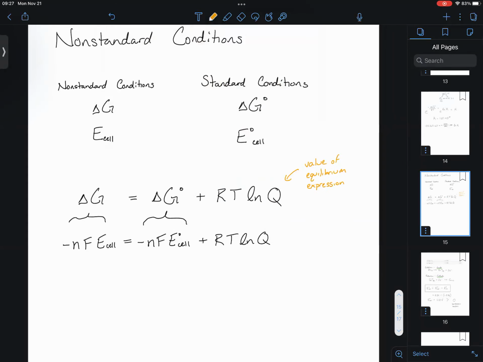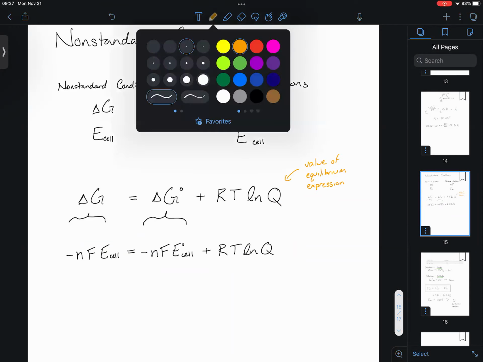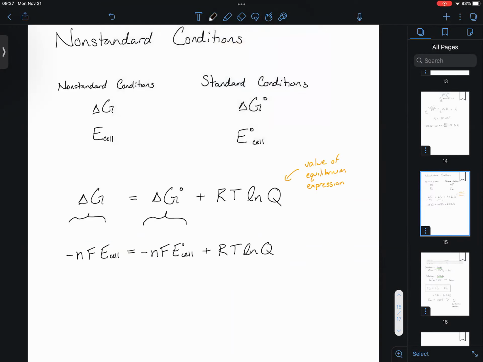Okay, so basically now what we have, just subbing in what we just learned previously, is this new equation here. All right, what we're going to do is simplify this equation by dividing every term we see here by that negative NF. Right, we can do whatever we want as long as we do it to both sides. Since this is addition, I'm going to have to hit both of those terms, right?